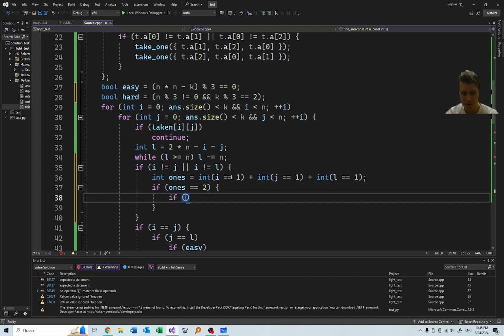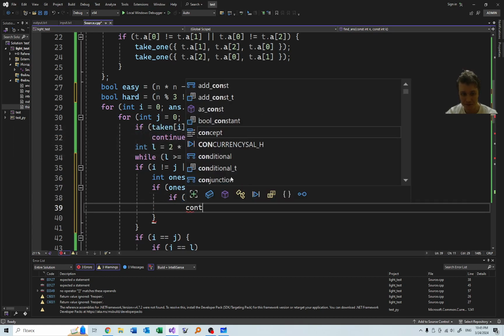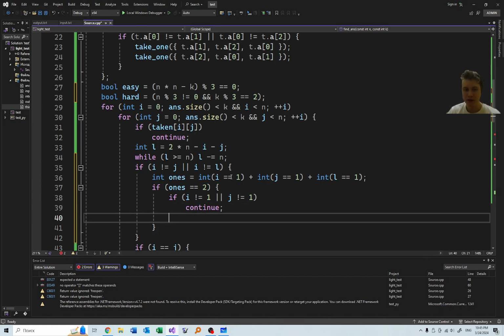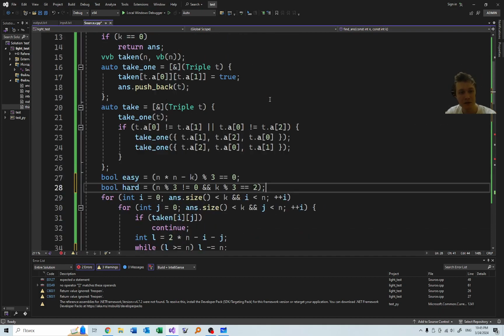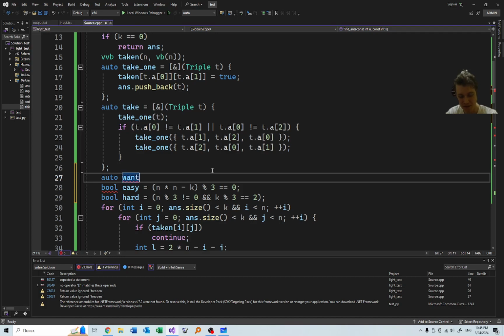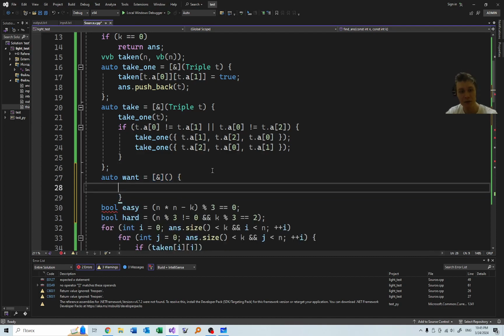So how do we do it? If i is not 1 or j is not 1, then continue. So I only want to look at this triple when I get two ones. Now, let's also make a thing called want, which says, do we want a triple?